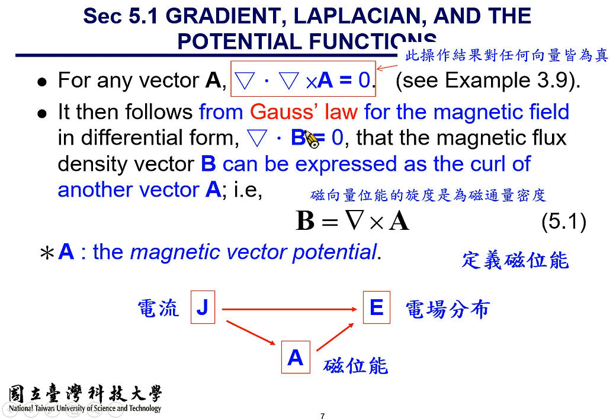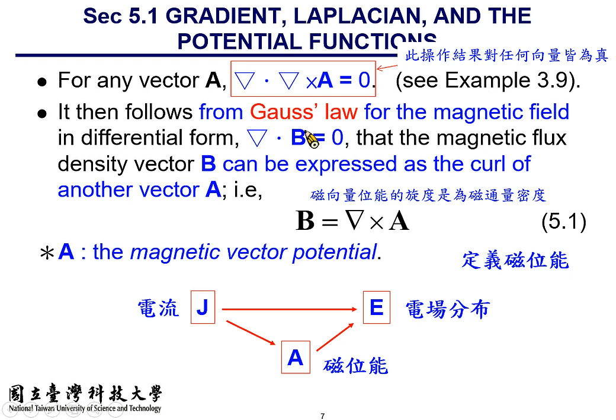And if you check the vector identity on the top, it seems we can define the magnetic flux density B as the curl of another vector A, because the divergence of a curl is 0.